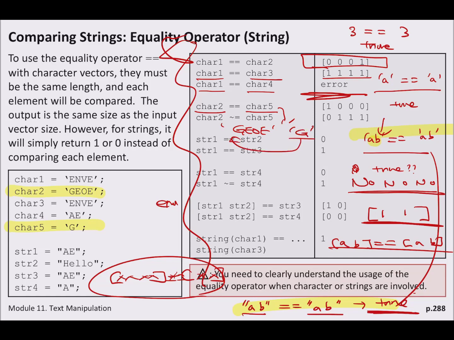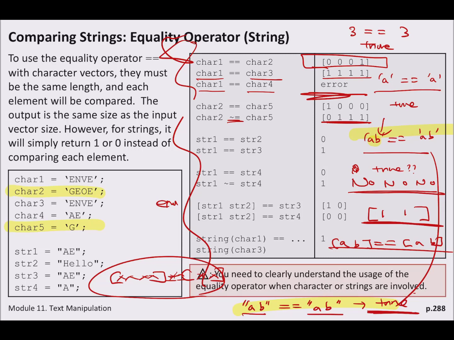This equality check checks G against each individual character. Okay, make sense? These are the inequality checks, so it's like a flip.